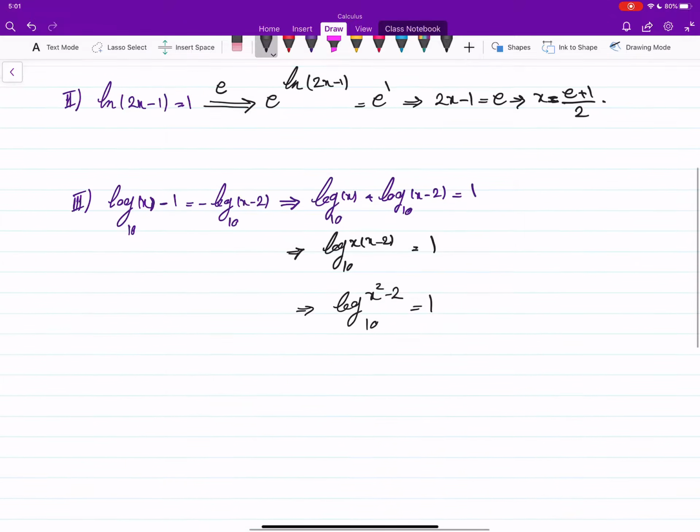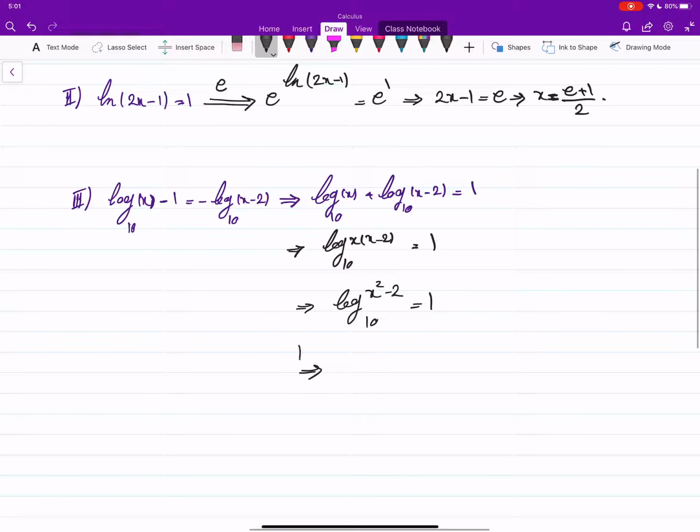When you get to that point, put both sides on the exponent of the same base. 10 to the power log of x squared minus 2x base 10 equals 10 to the power 1. And this gives b to the power log of something base 10, which is just that something, is equal to 10. Oh, there is an x here. I'm forgetting. Sorry, it's an x here.